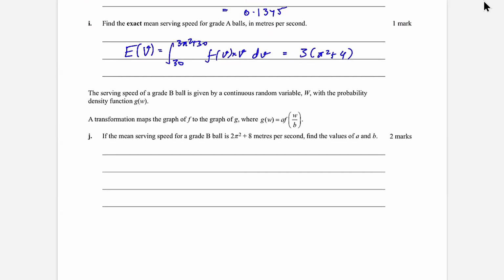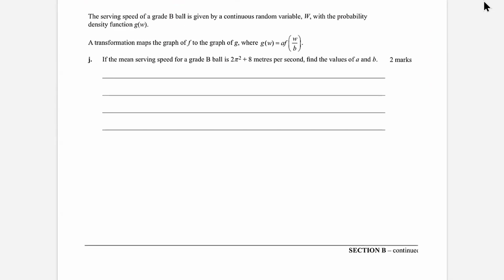So for this question, basically we're told that a graph or a function f is dilated by a factor of a from the x-axis, or your horizontal axis, and a factor of b from the vertical axis. So I went over this a while ago as well.